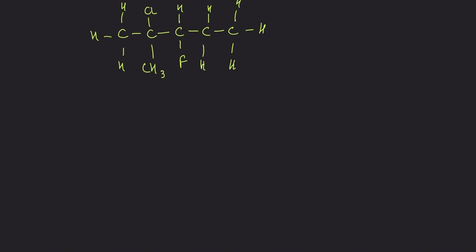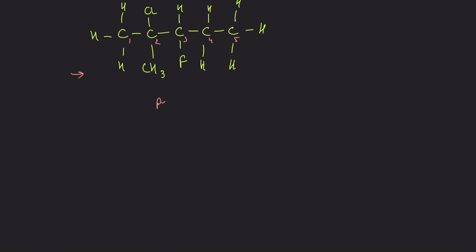Okay, numbering system. If we go this way, the fluorine is going to be the first side group, which will get carbon 3. If we go the opposite way, we have a chlorine and a methyl group, which will get carbon 2. So we're going to go from left to right with our numbering. Okay, it is pentane again.